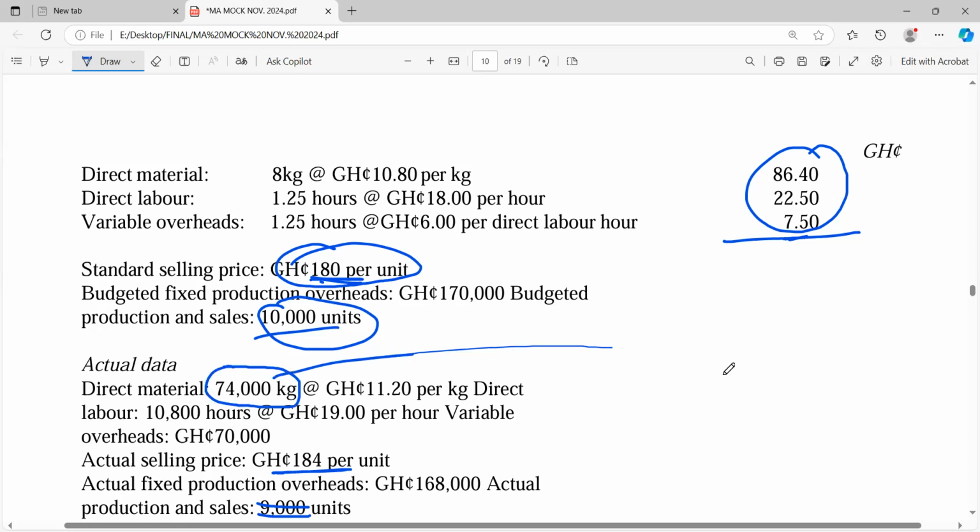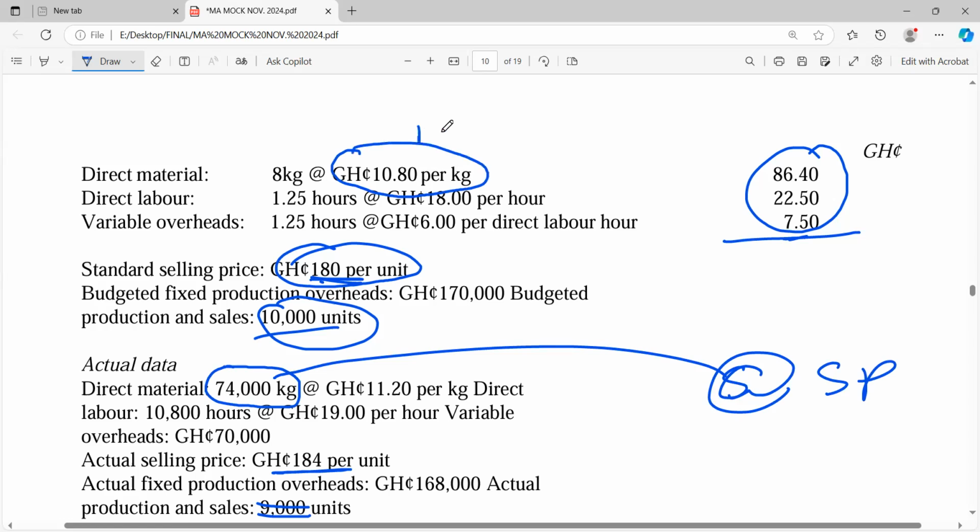So how much should they have paid at standard price? Go up and pick the standard price. The standard price is here. This is called price. This is called cost. This one is called usage.